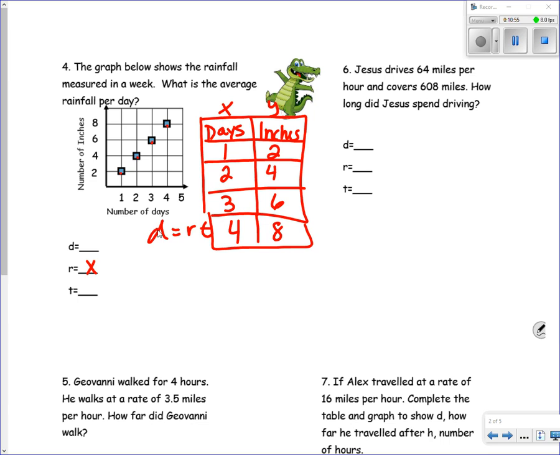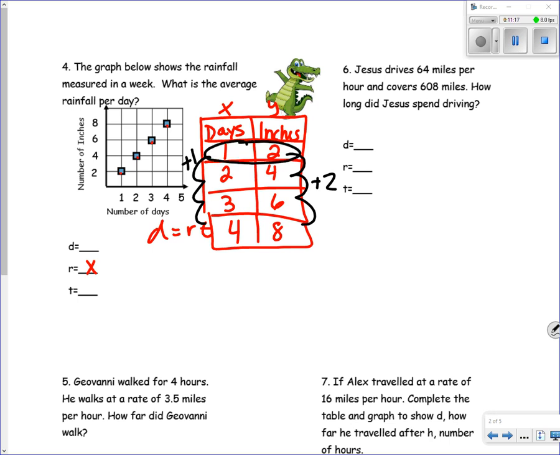So the time and the distance, there's a couple of ways you can do this. What we're going to start by doing is finding my changes. My X's, we're changing by 1. My inches, we're changing by 2. So using that information, I'm going to plug it in. You could also just choose the first one.